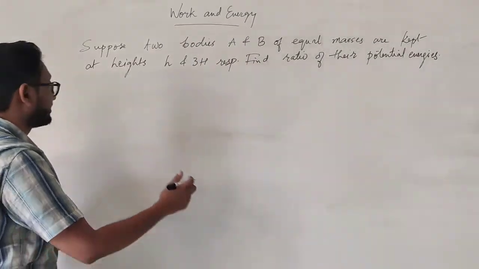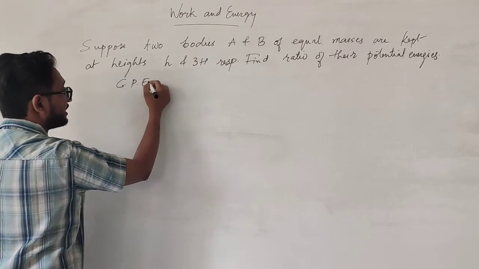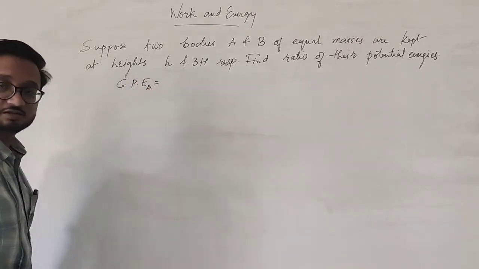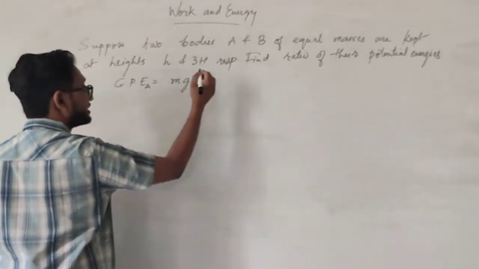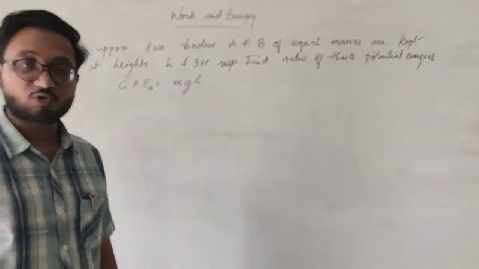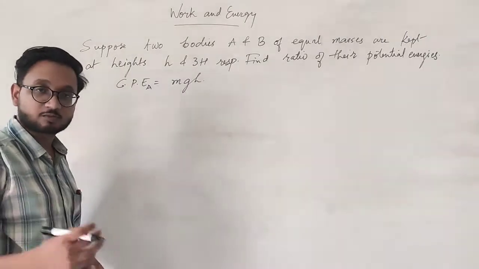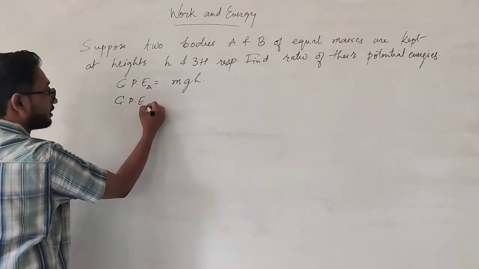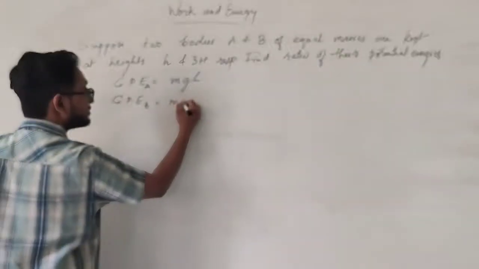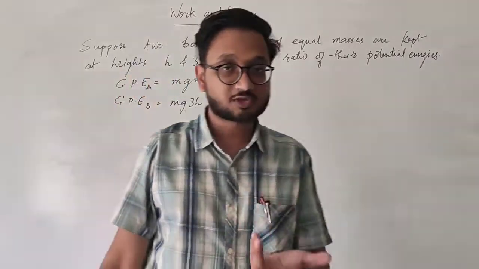So simple, applying the gravitational potential energy formula for object A, I am writing A over here, it becomes mgh. Suppose the masses of both the objects is m. Gravitational acceleration is constant for both. And for gravitational potential energy for object B, it becomes mg 3h because the height is 3 times the original height.